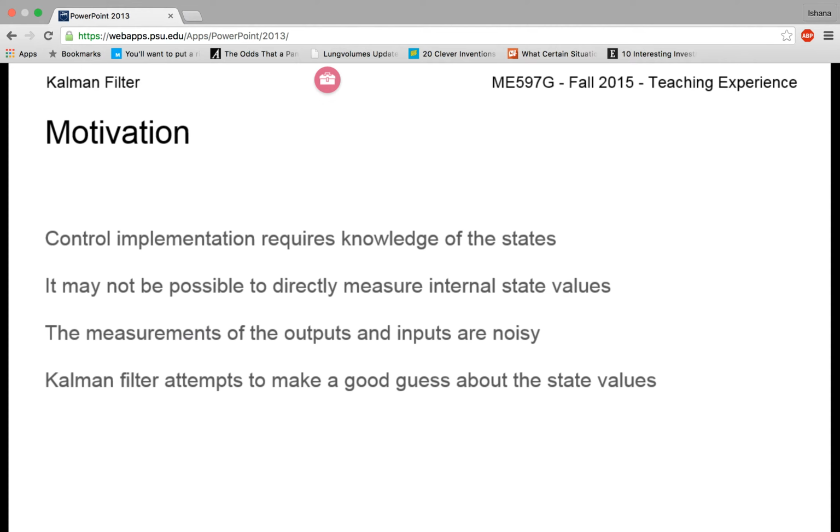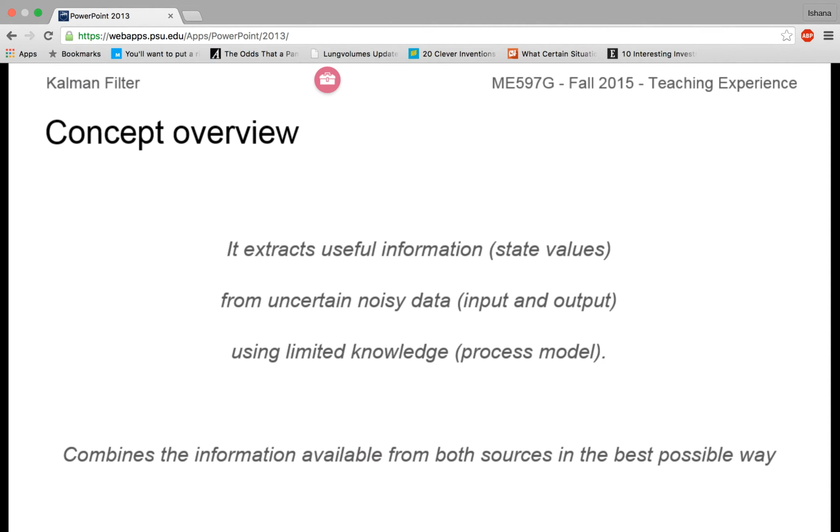So, what a Kalman filter basically does is to make a good guess about the state values using all these noisy measurements and information. So, a Kalman filter extracts useful information, which is essentially the state values, from uncertain noisy data, which is the input and the output values, using some limited knowledge, which is the process model.